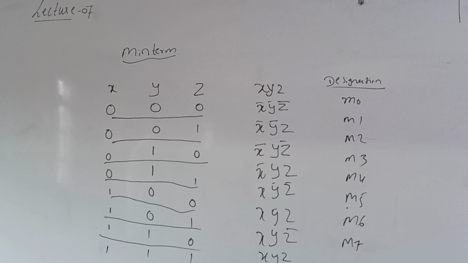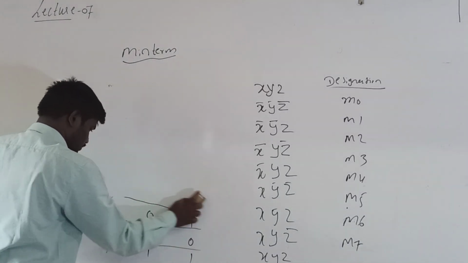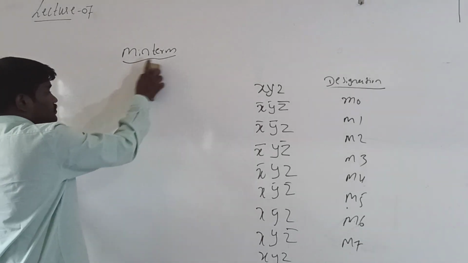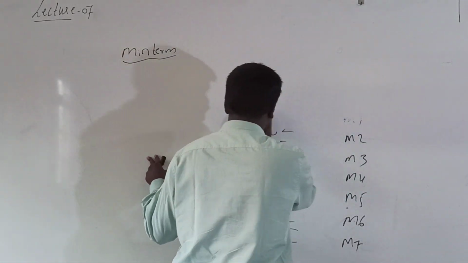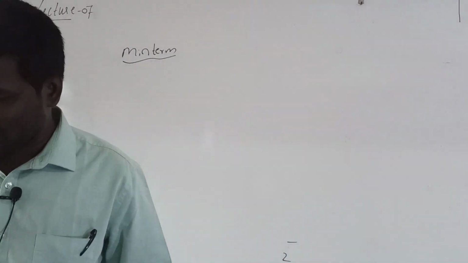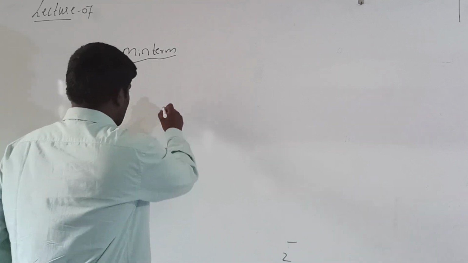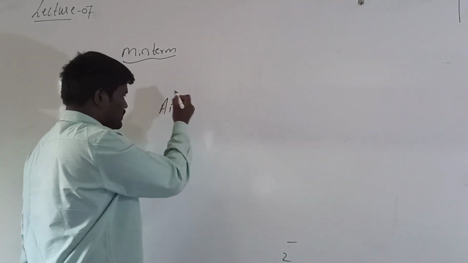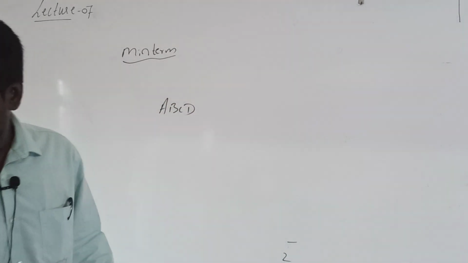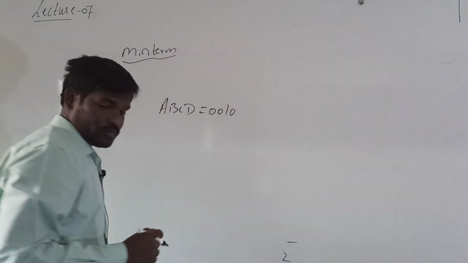The next is, see here, one question is there. Write the values. Here some variables are given: A, B, C, D. Its value is 0 0 1 0.